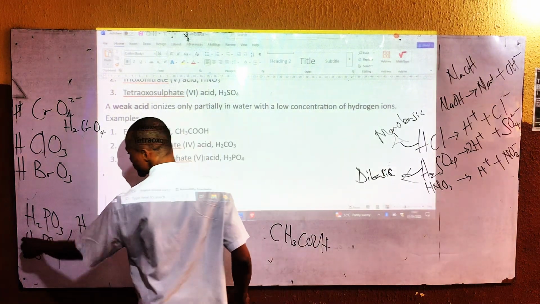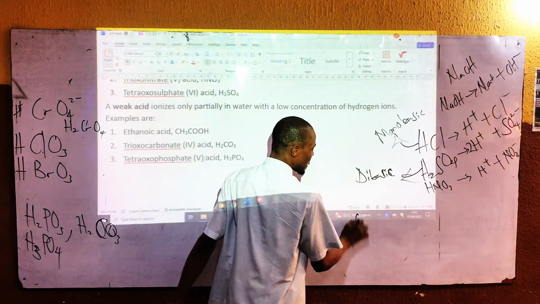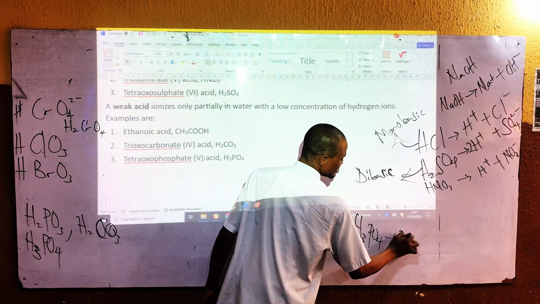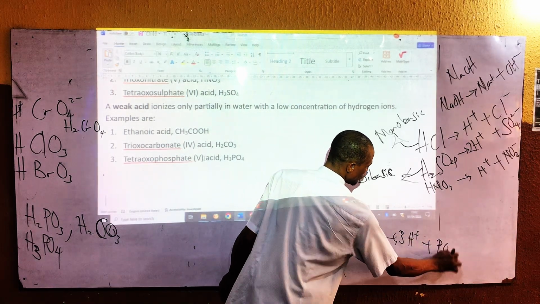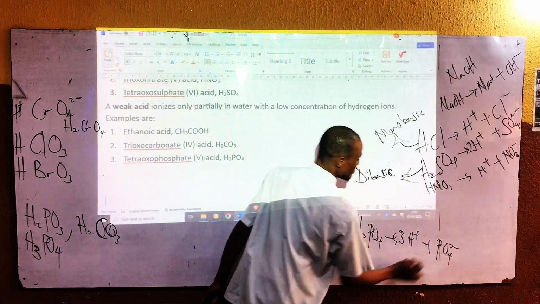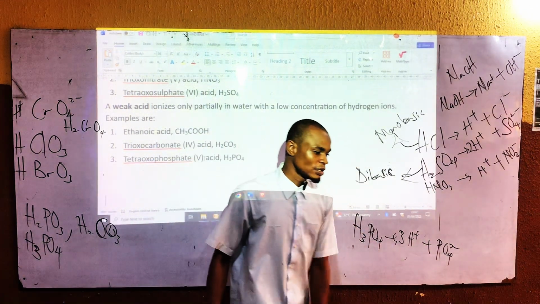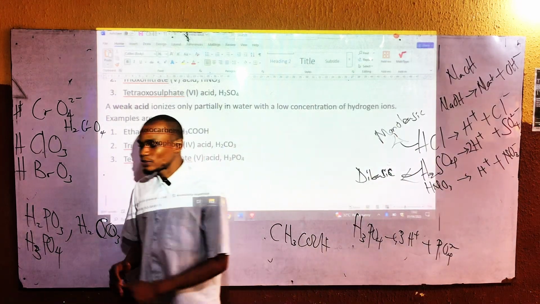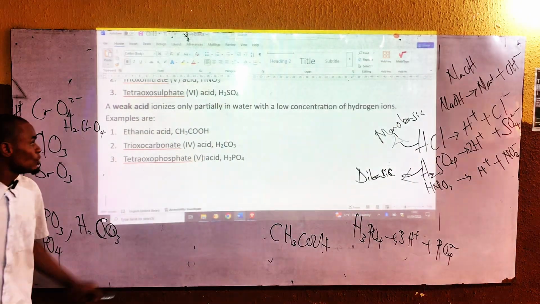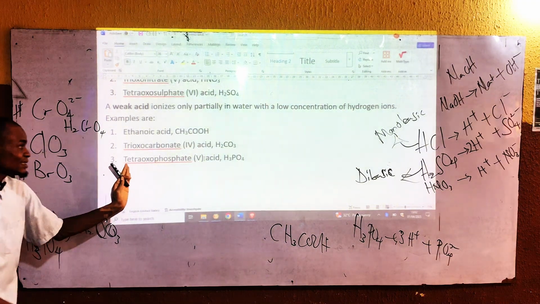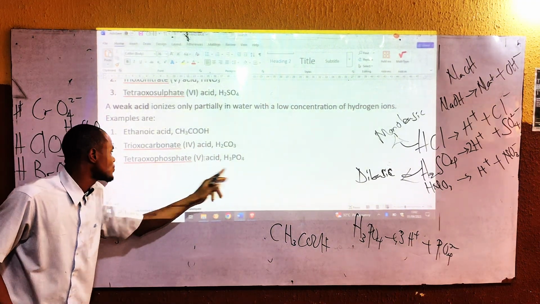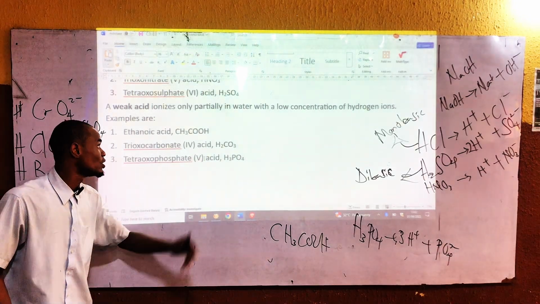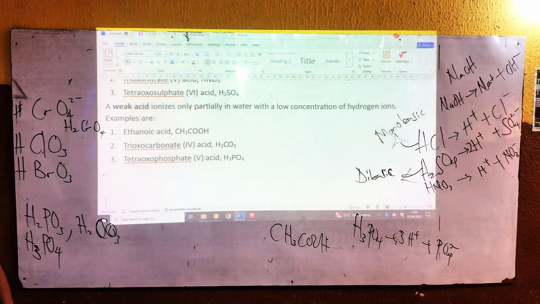What about H3PO4? How many hydrogen ions can you see here? 3 hydrogen ions. That's why this one is tribasic. So these are weak acids: H2CO3, tetraoxosulphate, phosphoric acid, and we have the others. They are weak acids.